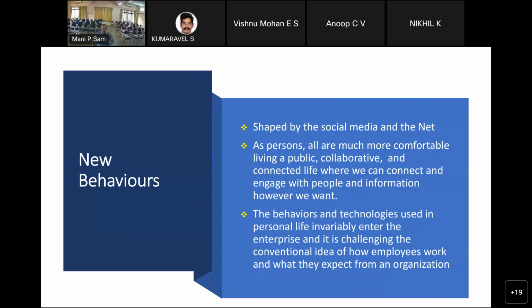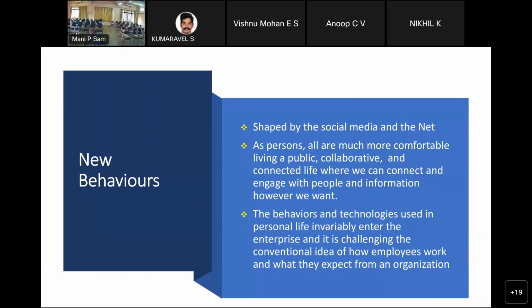And you find that the personal level perceptions creep into the enterprise as well. And as a result, even enterprises and businesses are more open to living or working in a connected, public, collaborative way.